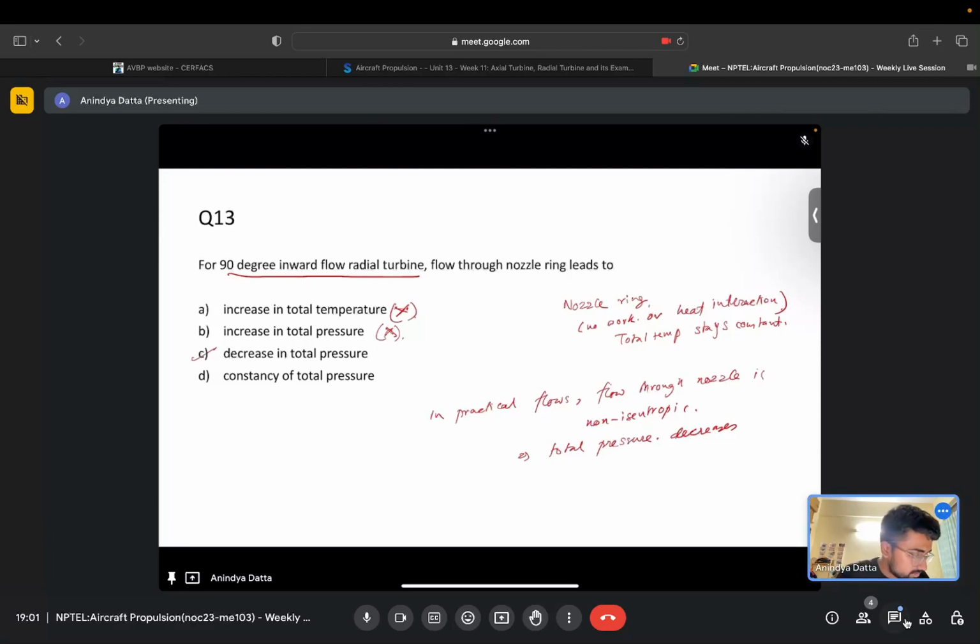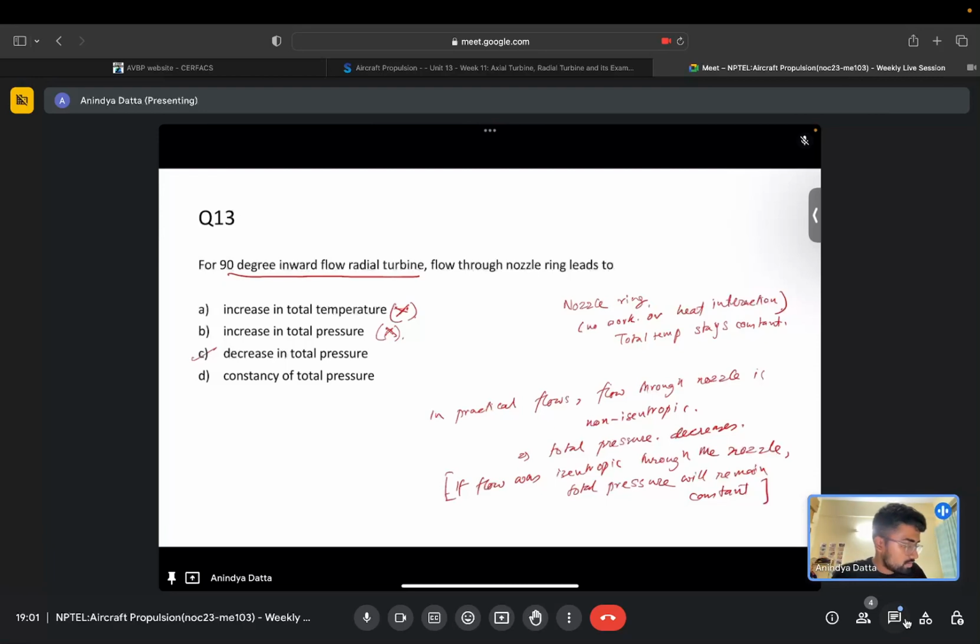total pressure decreases. But here I have to add that if the flow was isentropic through the nozzle, total pressure will remain constant.